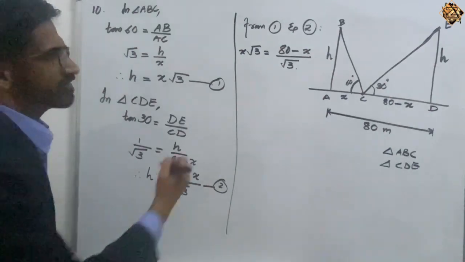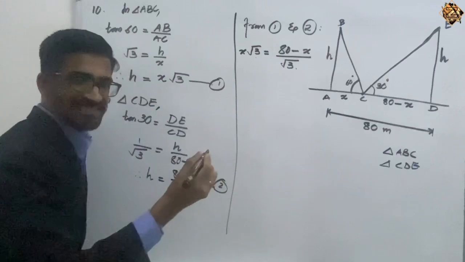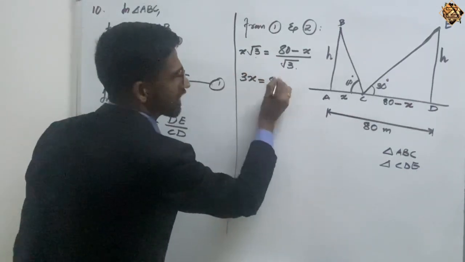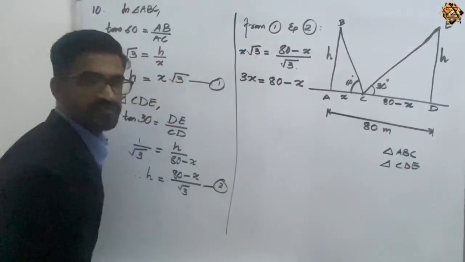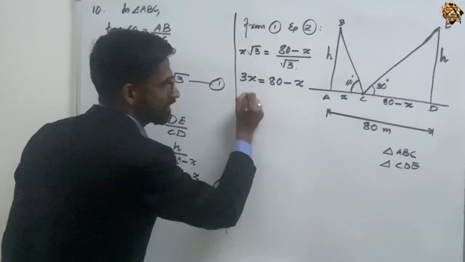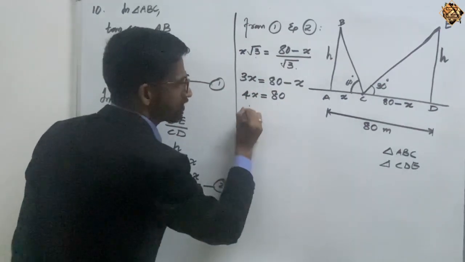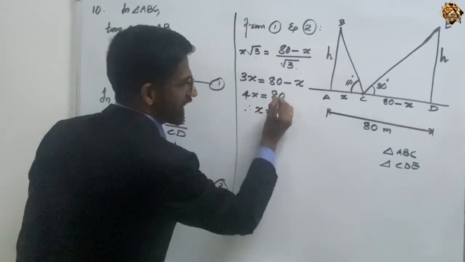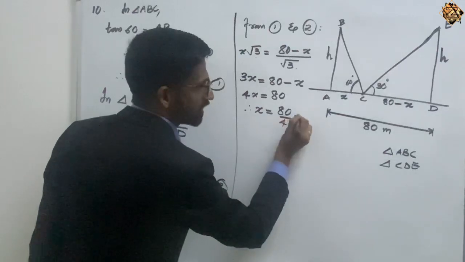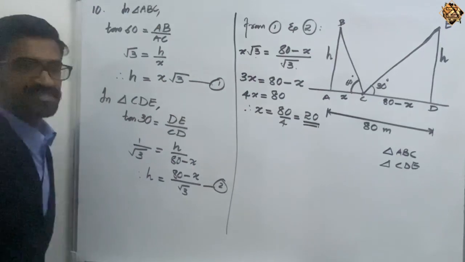Now we can take root 3 to the other side. So x root 3 into root 3, root 3 into root 3 is 3, isn't it? So that is 3x equal to 80 minus x. We can take this minus x to the other side. So it will become 3x plus x, that is 4x equal to 80. Therefore, finally the value of x is 80 by 4, that is equal to what? 20, isn't it?